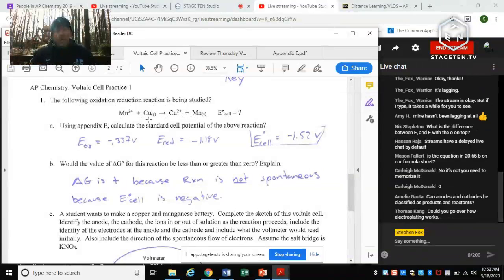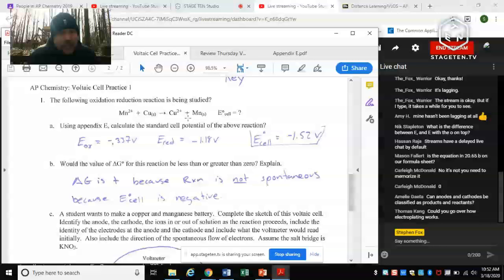All right. But real quick, let's look at this practice problem, and then we'll go into the electroplating stuff and the calculations you would have to do with the electroplating, okay? So if we look at this reaction, it says copper's being oxidized, manganese is being reduced. So copper's going from 0 to 2 plus, and manganese is going from 2 plus to 0.